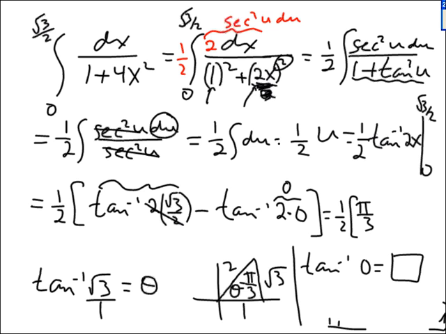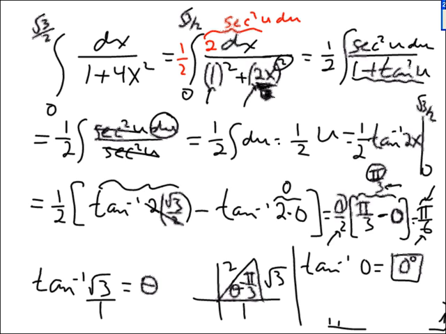The numerator is 0, which happens at 0 degrees, which is 0 radians as well. This is pi over 6, because what's in here is pi over 3. You need to be an expert at taking away 0. 1 times pi is pi. The bottoms, 2 times 3 is 6. The answer to this problem is pi over 6.